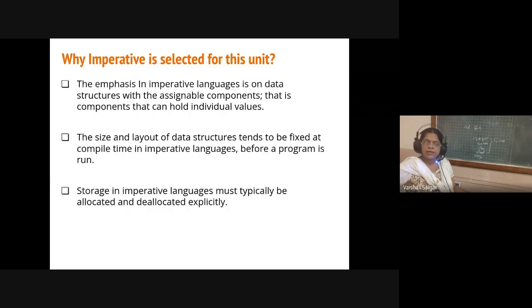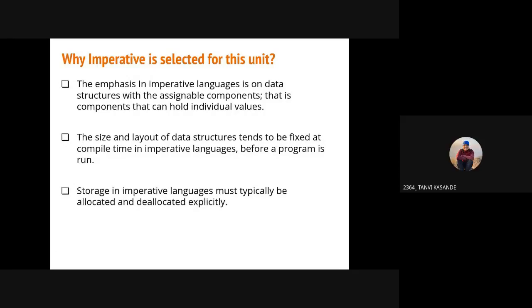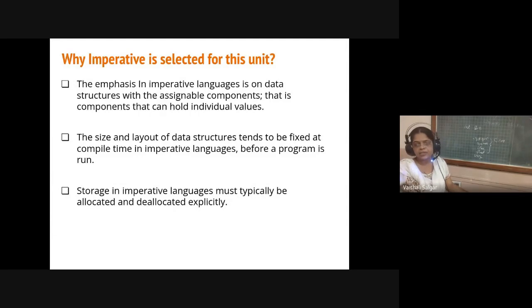When you are using a character, how many bytes will be allocated for the character data type? 1 byte. 1 byte, exactly. So when I'm saying integer, the size is fixed, right?